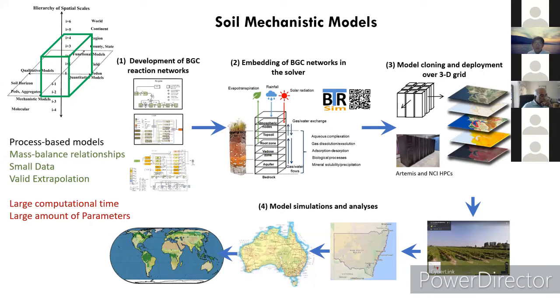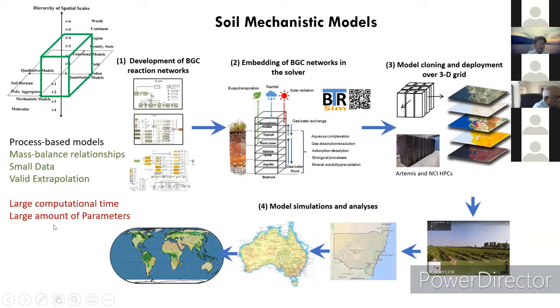Because of the spatial variability of the soil, we can run it at multiple locations, in the field, in the states, in the whole continent, or in the whole world, right? And because it's a process-based model, it has a valid extrapolation because it's based on physical relationships.